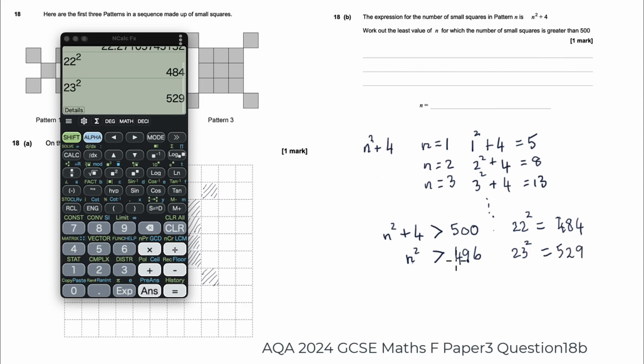And that is greater than 496. So the least value of n, so that we do get an answer bigger than 496, would be 23.